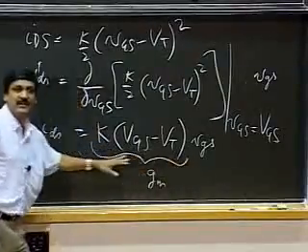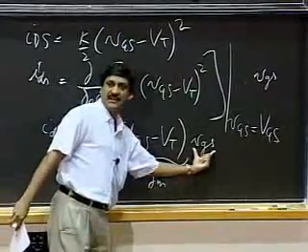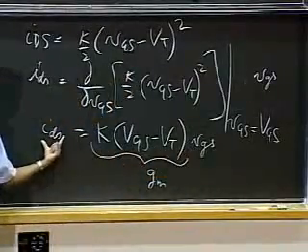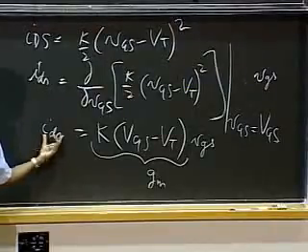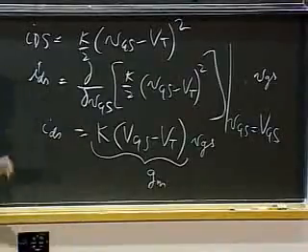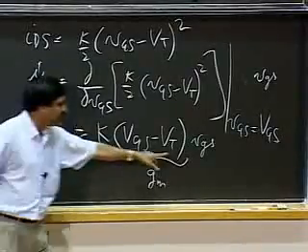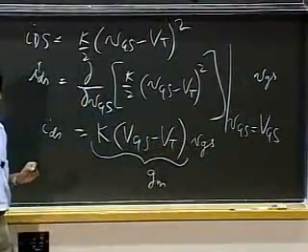So what does this expression say? This expression says that if I have a small change in VGS, then this will be my small change in IDS. Notice that the resulting small signal model is also a dependent current source. It's a voltage-controlled dependent current source.